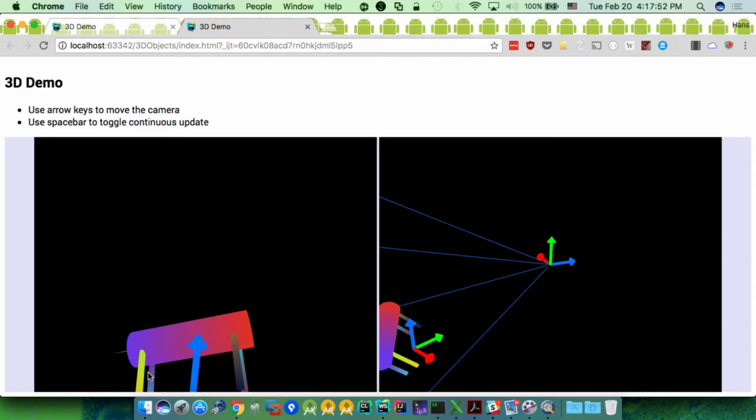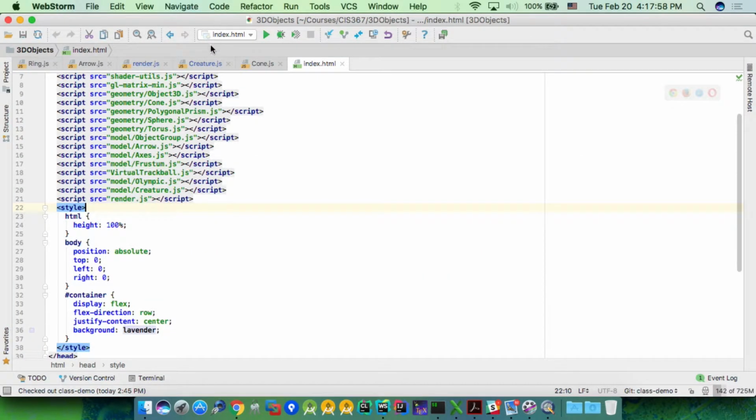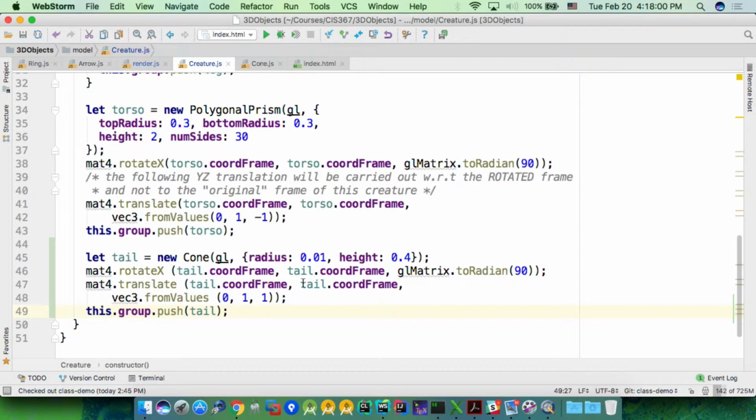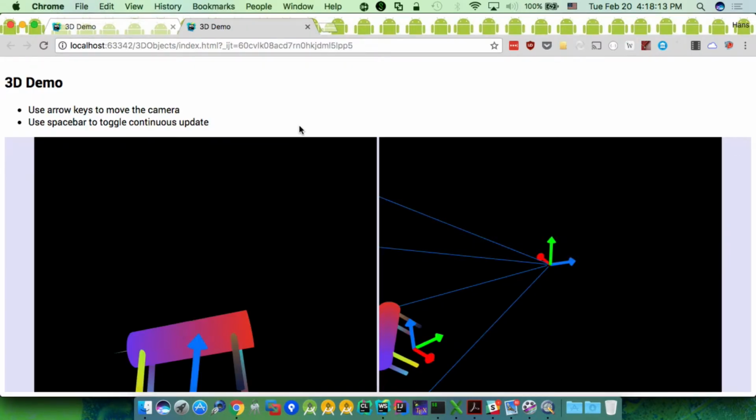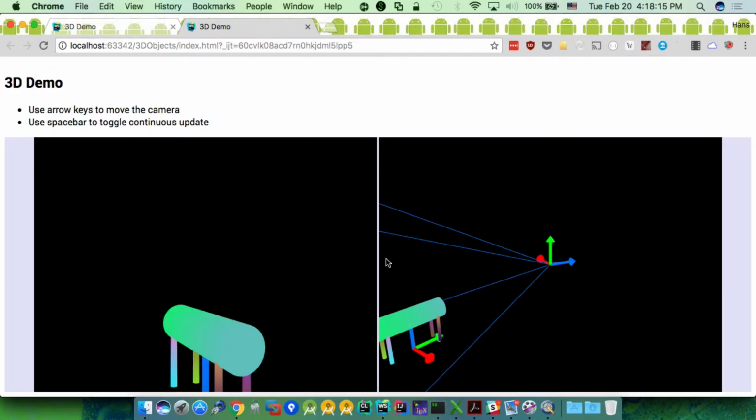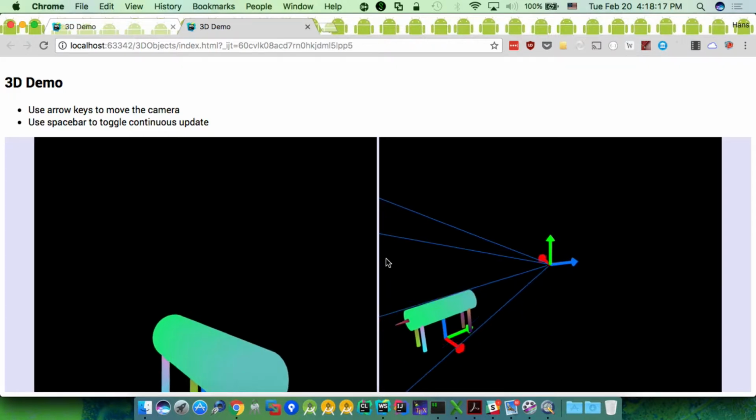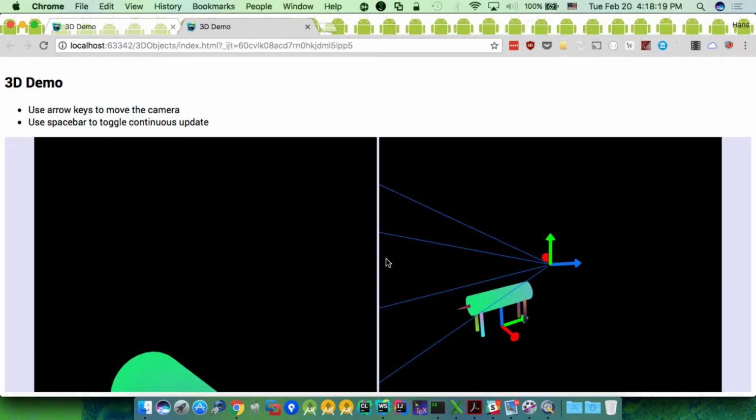I think we made the diameter too small. Okay, so we want to change the radius to a bigger number. 0.01 is... 0.1, that's a huge one. 0.05 maybe. Okay, let's try. Okay, let's see the tail. Yep, it's there.